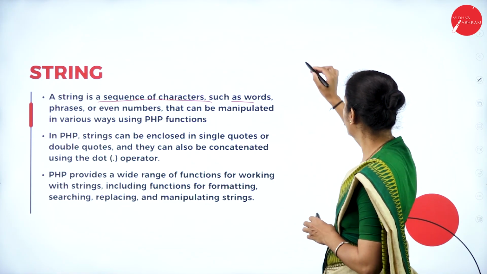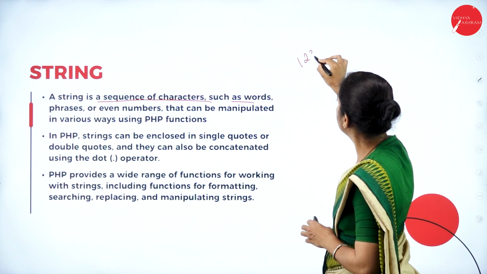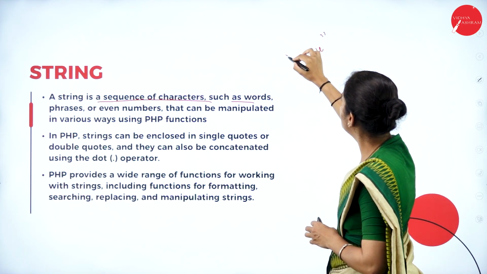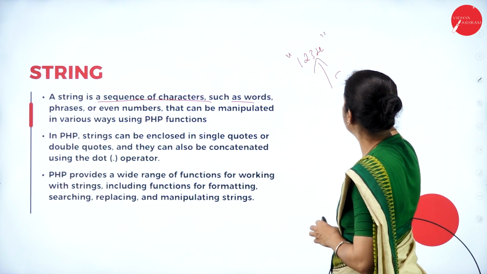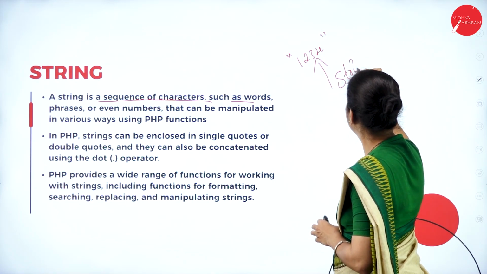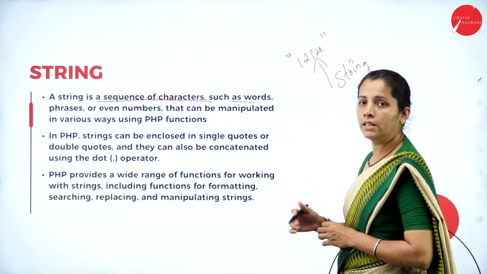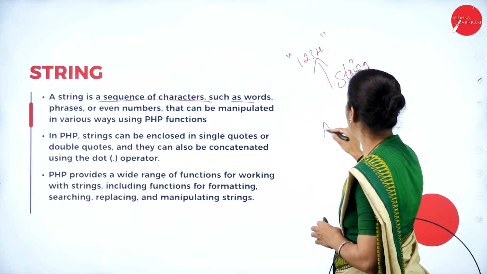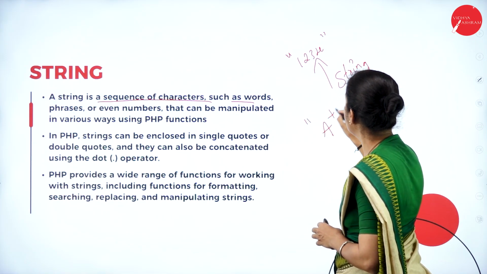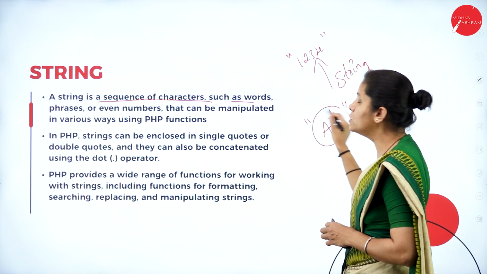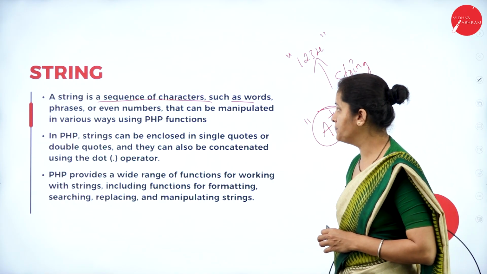For example, if I write 1, 2, 3, 4 within double quotes, this is also an example of a string. Or say I have the grade A+, and if I write it within double quotes, this is also termed a string.